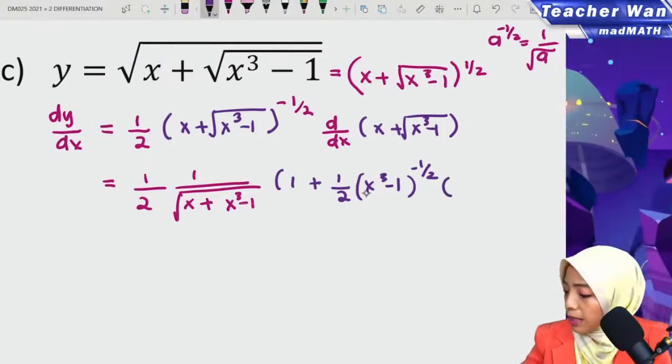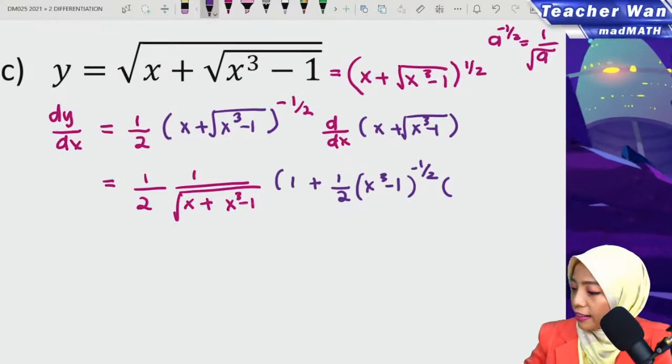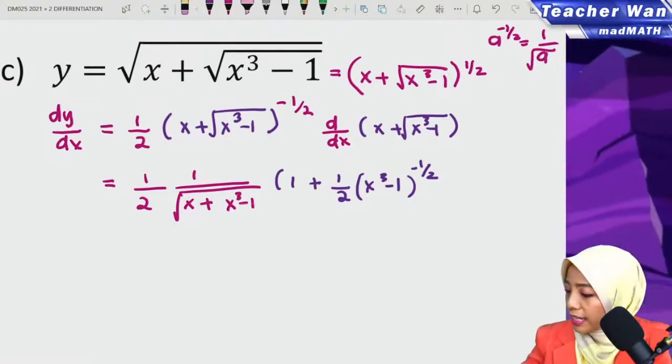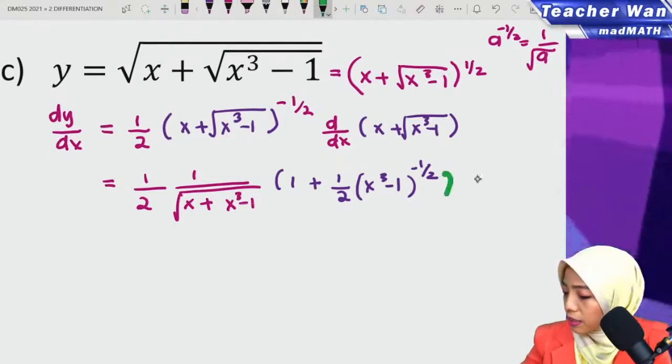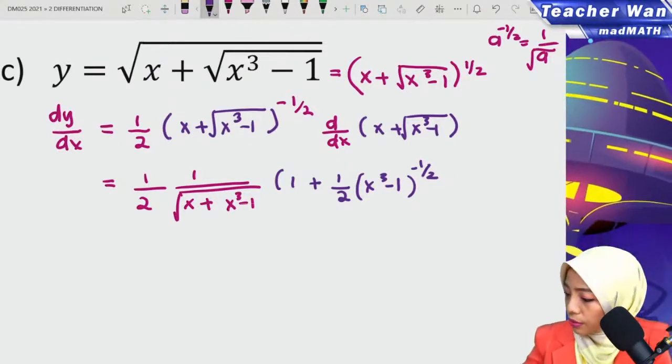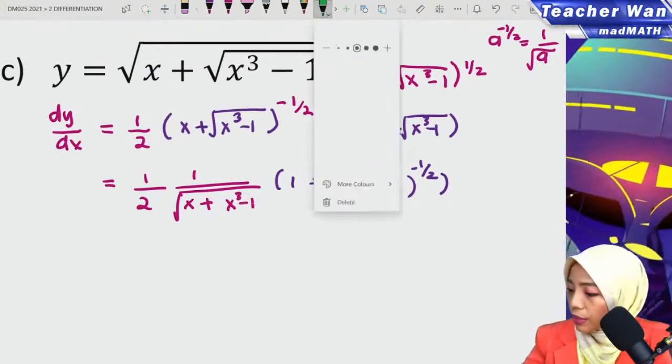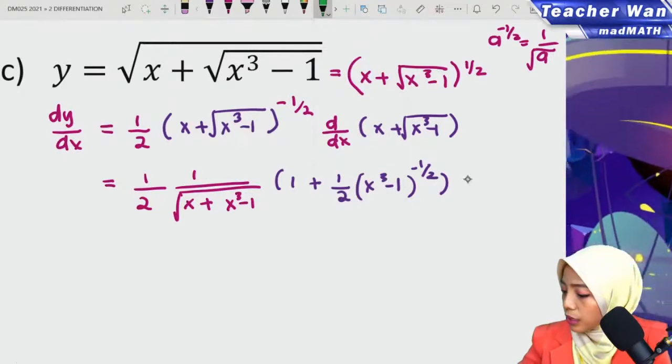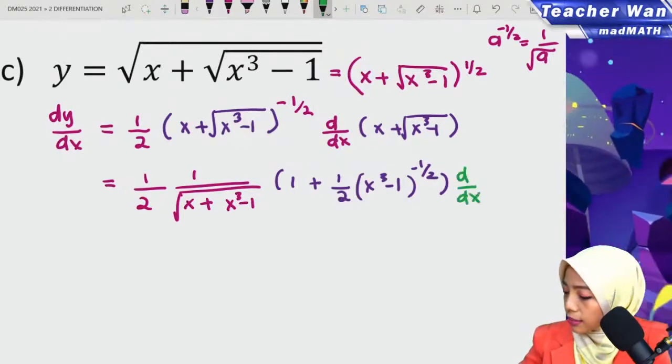And we multiply with the derivative of the inner function again, d dx, in green.